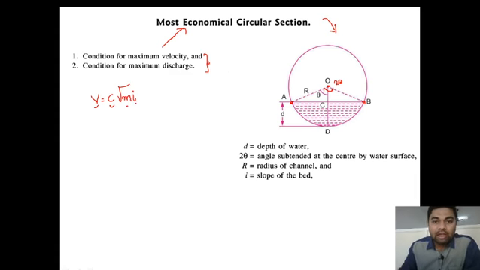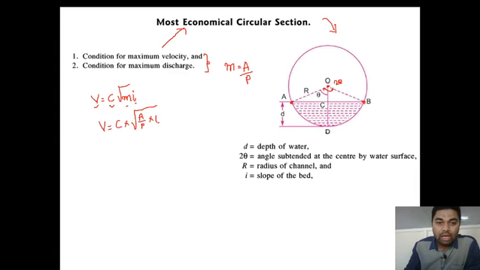We know that the formula for m, hydraulic depth, is area of the flow by wetted perimeter. So substituting these values, V is equal to C into under root A by P into I.